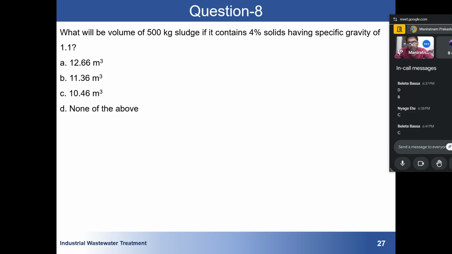People make mistakes also because it is very simple. In wastewater, problems related to sludge handling are very common throughout. If you go through the lecture material, you will see a lot of numerical questions. I also have some numerical questions. We will be seeing them.